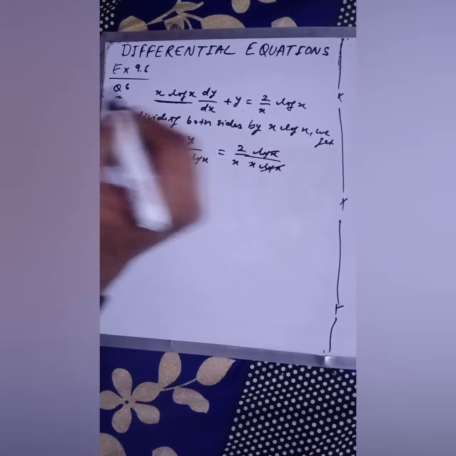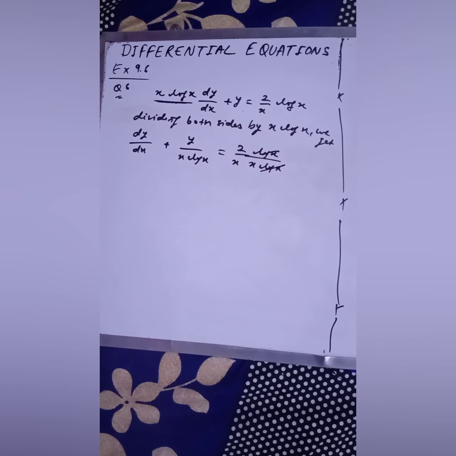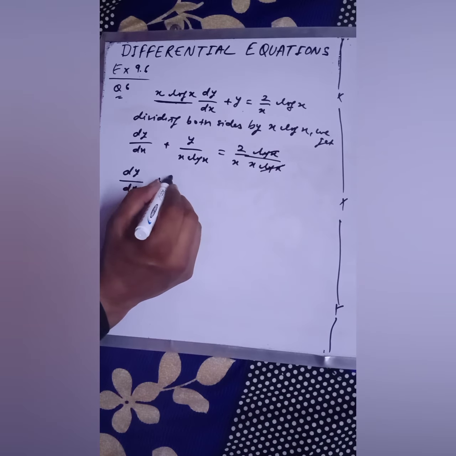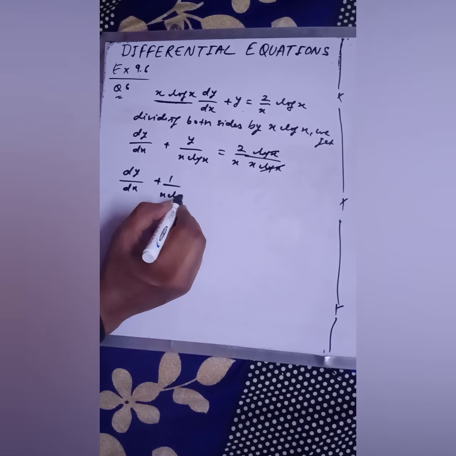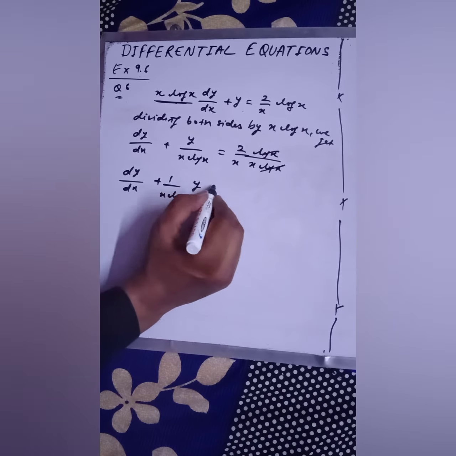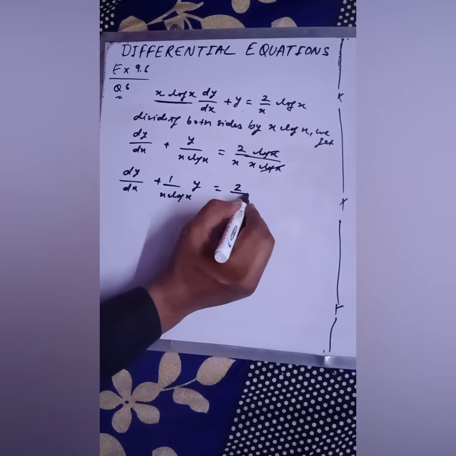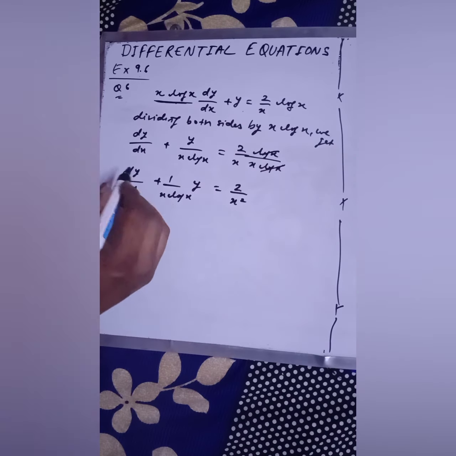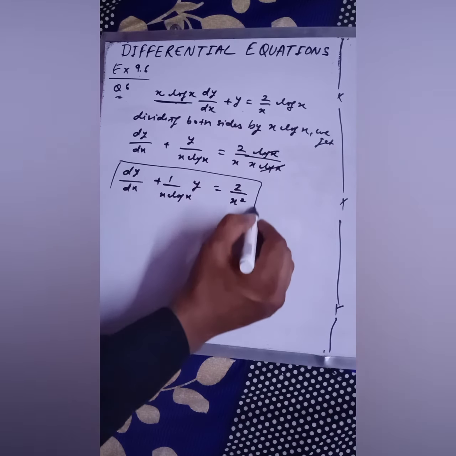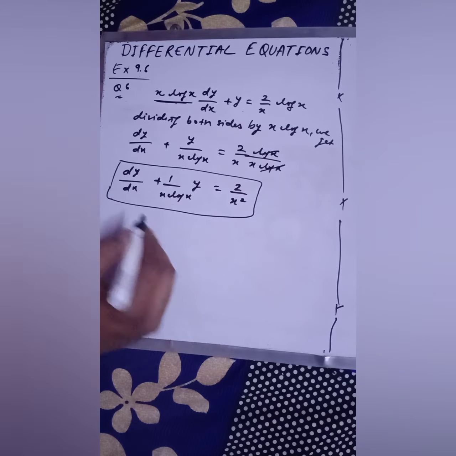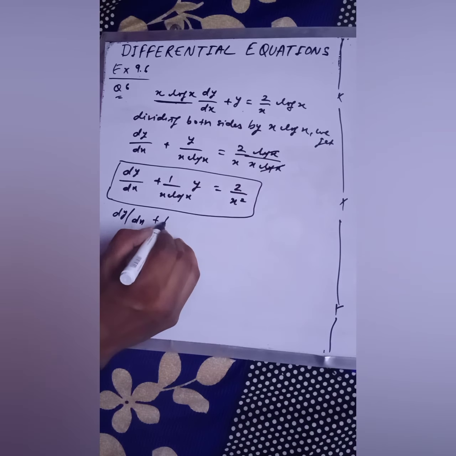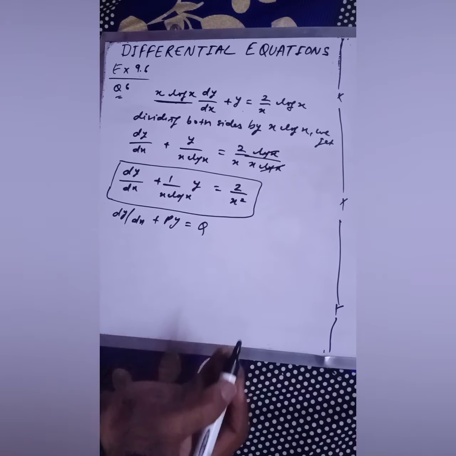So this term and this term will cancel out. Okay, so you will get dy by dx plus 1 by x log x into y is equals to 2 by x square. Okay, so this is your equation. This is your standard equation.